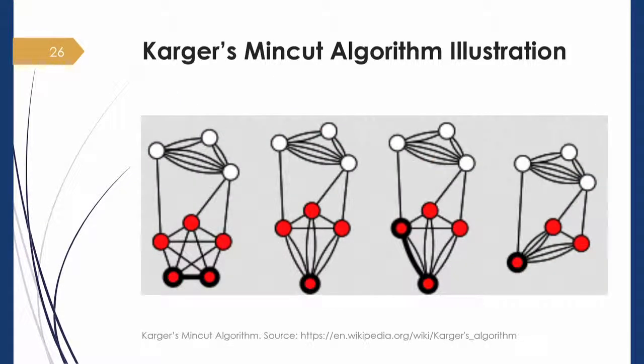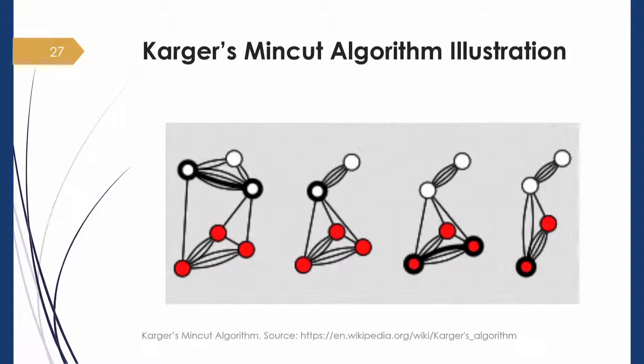Again we pick this edge uniformly at random, contract it, we get this new structure, and look here, one of the multi edges is being picked. Again, contraction takes place, self loops are thrown away, and this procedure is continued. Notice that we are retaining all the multi edges.